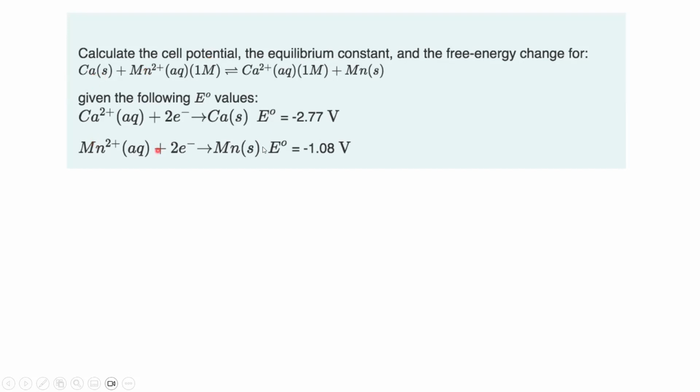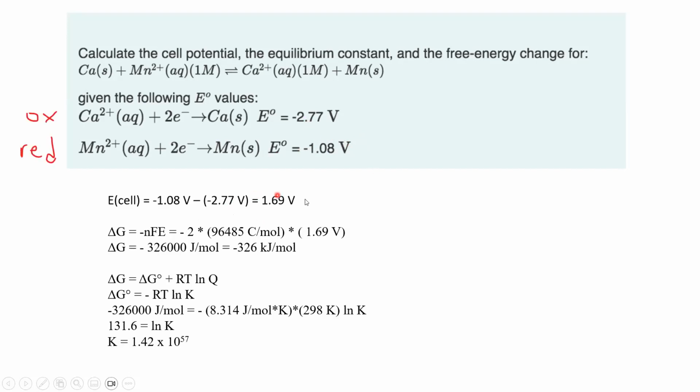What we're going to see is the manganese is going to be getting reduced. So that'll be our first piece of the equation minus the 2.77. So we're going to see ultimately we have a cell potential of 1.69 volts. And then with the free energy piece solving for delta G, remember we've got this equation negative nFE, so n being the moles of electrons involved.